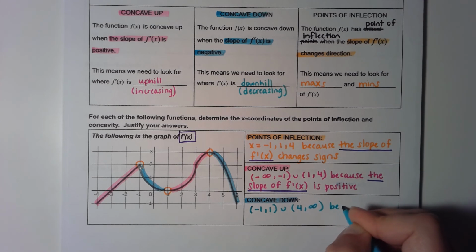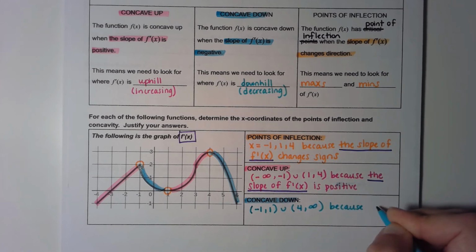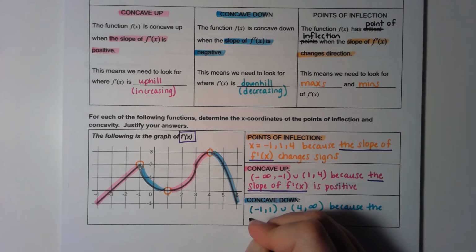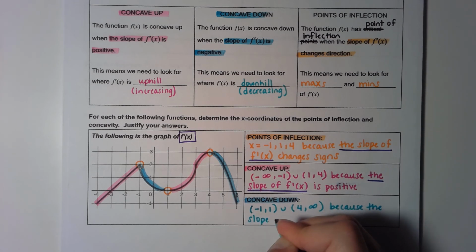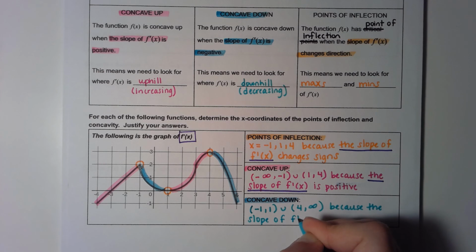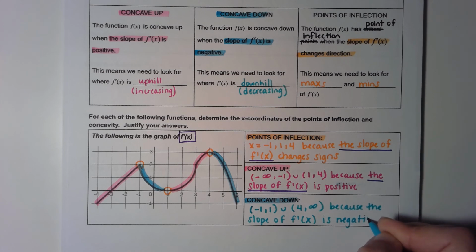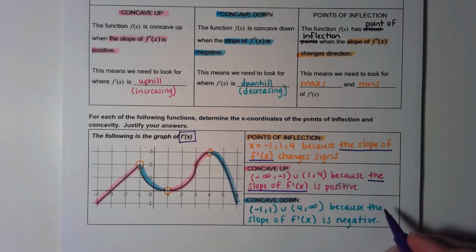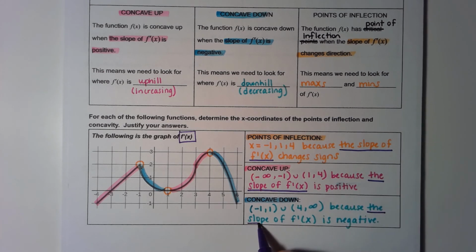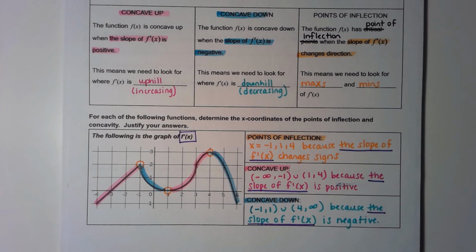And I would say because the slope of f prime of x is negative. And again, you'll notice we're talking about the slope of the derivative, because the slope of the derivative would be the second derivative.